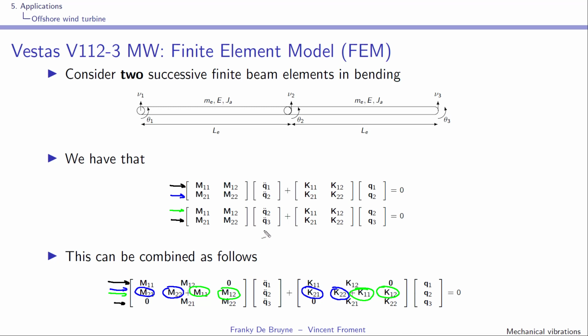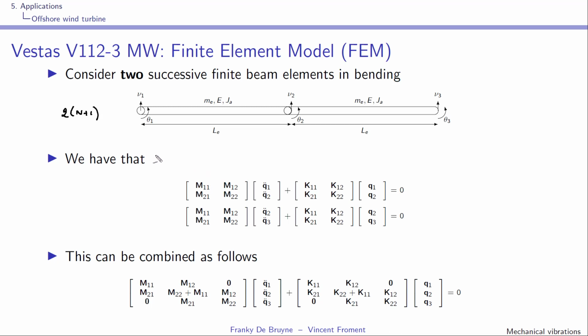Okay, so you can see it's not that difficult to go from this description, where you have two separate descriptions per finite element, to a global description for the two successive finite elements. For a given configuration with n finite elements, we have 2 times n plus 1 variables.